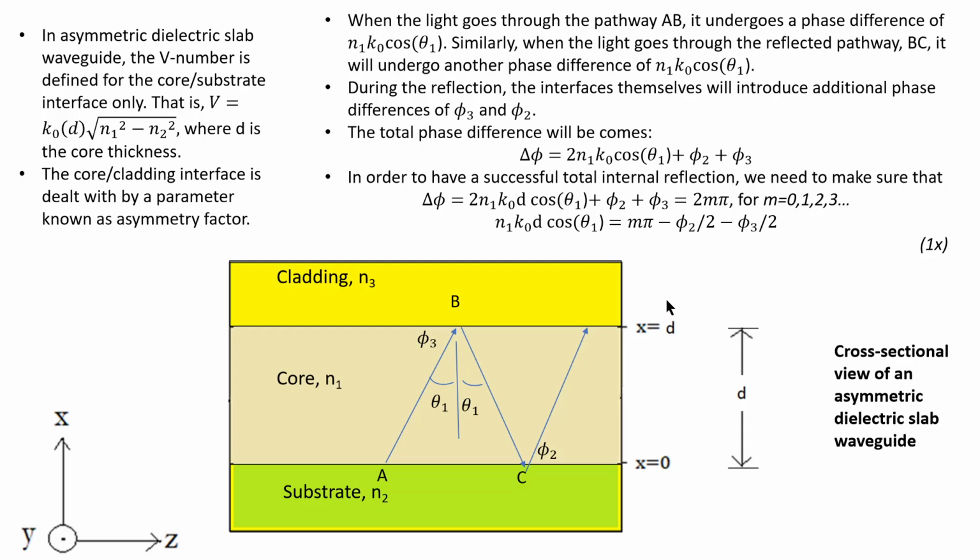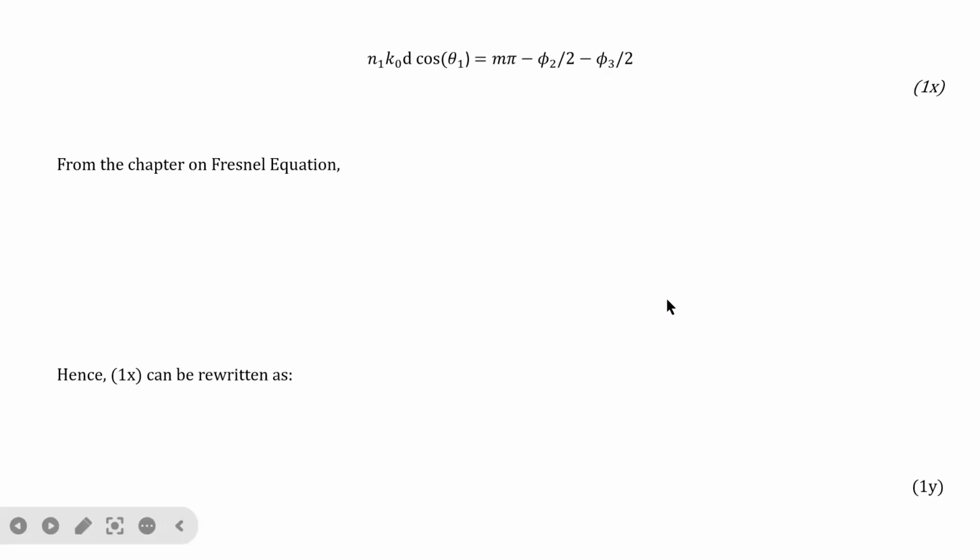Okay? So let's take a look at the second page. We are going to simplify these equations. To do that, what we need to do is simplify each of the terms here using what we have learned previously. From the previous slide, we know that this is the wave number in the x direction.